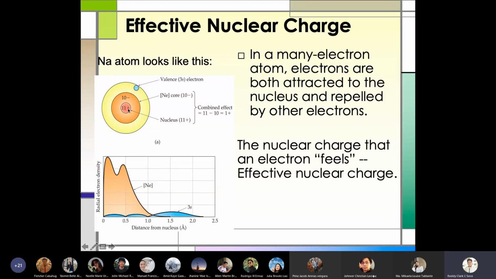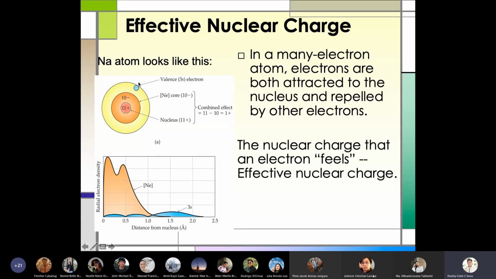Its atomic number is 11 if you look at your periodic table. Now, sodium, Na, has one valence electron, which is in the 3s orbital. So 1s2, 2s2, 2p6, 3s1. And that is this one electron here.